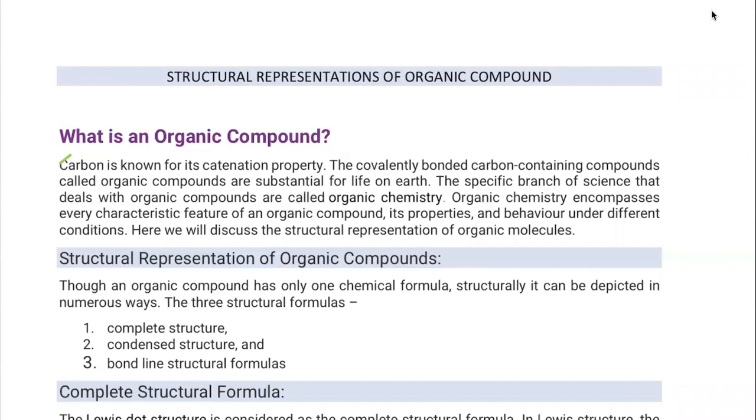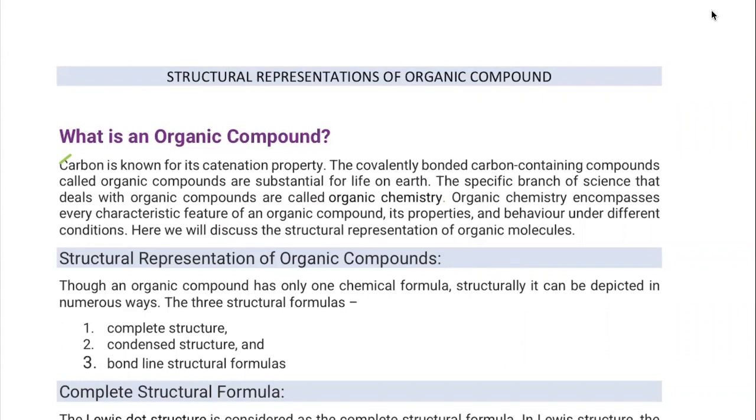The covalently bonded carbon-containing compounds, called organic compounds, are substantial for life on Earth. The carbon compounds are mainly covalently bonded, and because of the formation of this covalent bond, they form compounds which are life-saving, which are important for life.